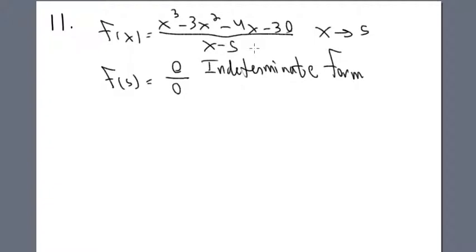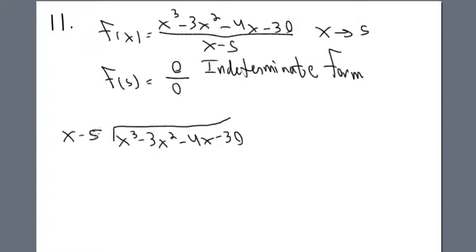Now, to get rid of the removable discontinuity, we have to use synthetic division. So I'm going to divide the top by x minus 5: x cubed minus 3x squared minus 4x minus 30 divided by x minus 5. To make x into x cubed, I multiply by x squared.